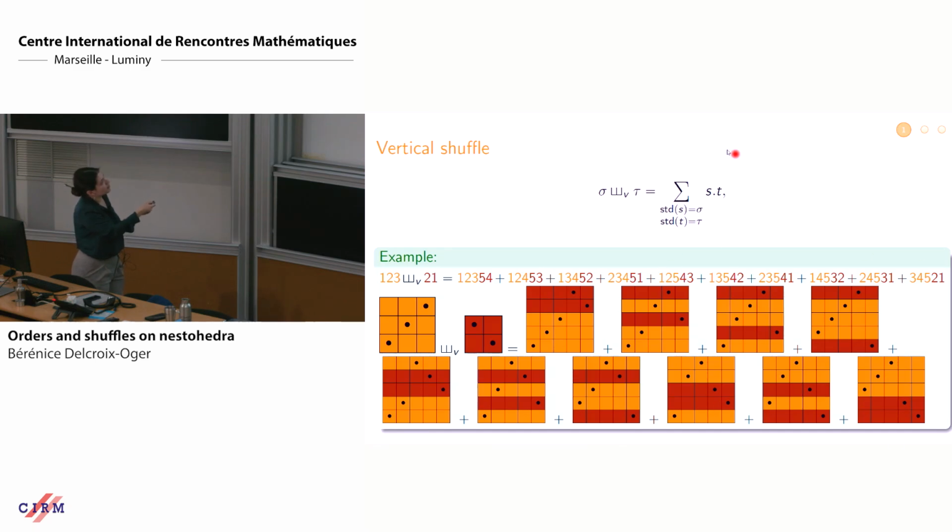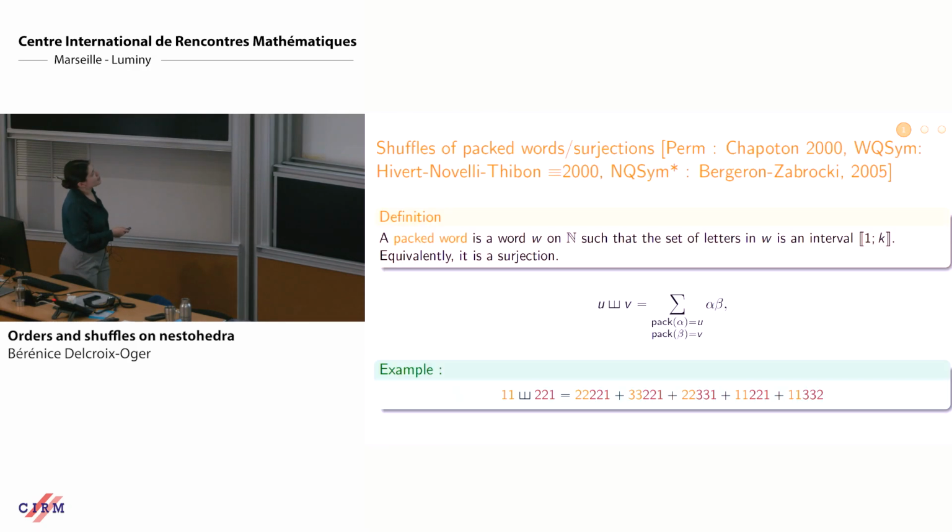So mathematically, we take the sum over all permutations such that the first part can be standardized to sigma, the second part can be standardized to tau, and we get the vertical shuffle. So the vertical shuffle is the shuffle that we must use to have a tridendriform algebra, and it's also the shuffle considered on packed words and surjections.